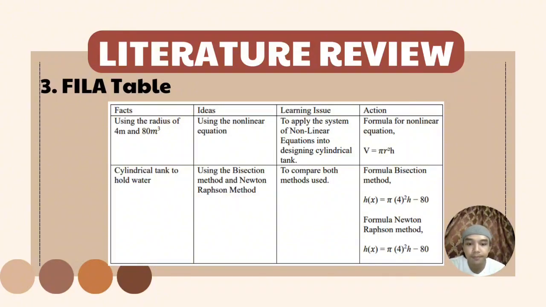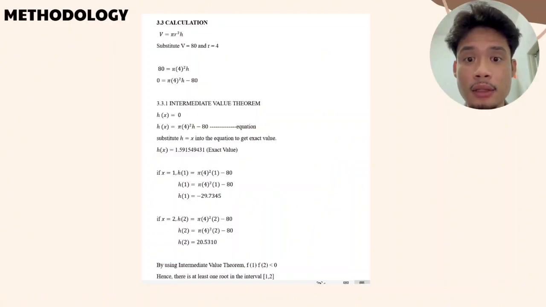Hello, my name is Atla Alessandro, and today I'm going to present the part I'm doing, which is the calculation of IVT, the intermediate value theorem, and the bisection method. The formula that we use to calculate the IVT is V equals pi r squared h. V represents volume, r represents the radius of the water tank, and h represents the height.